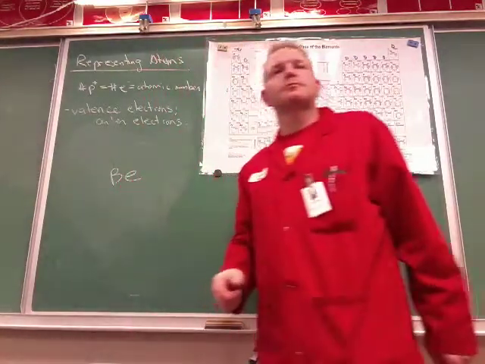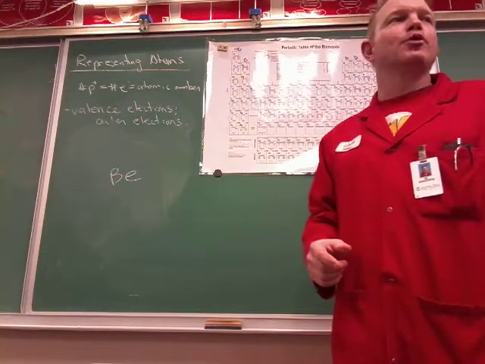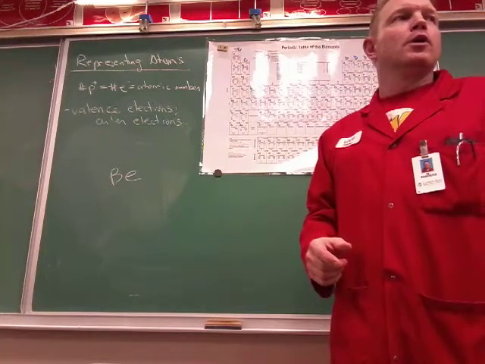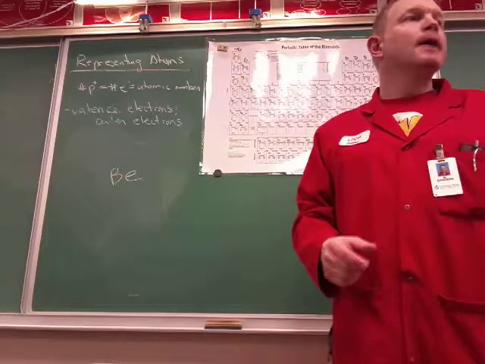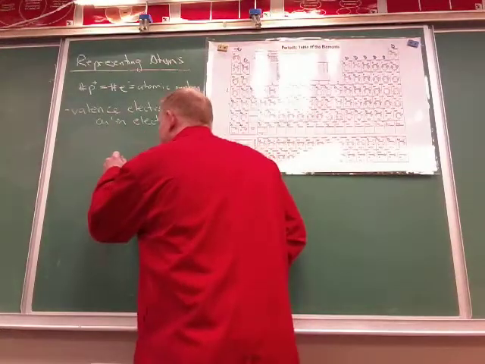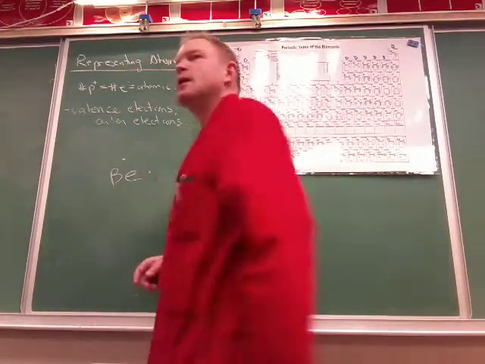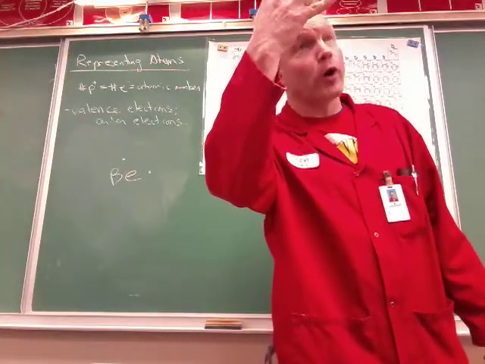Be. How many dots will go around beryllium? Cody? What group is it in? Group 2. 2 dots. Like this. 1, 2. They don't pair up until you've got more than 4.